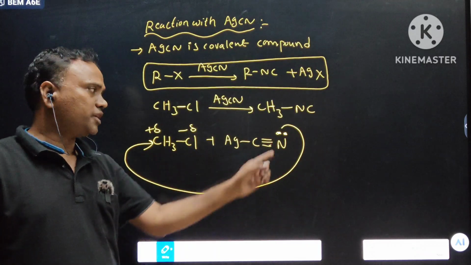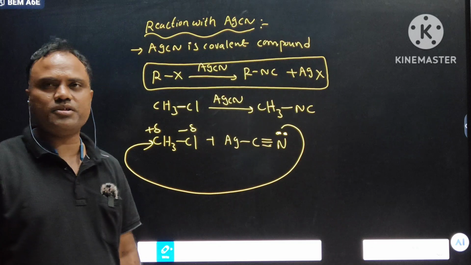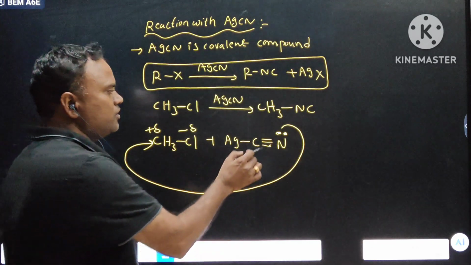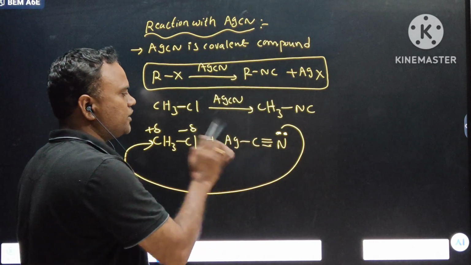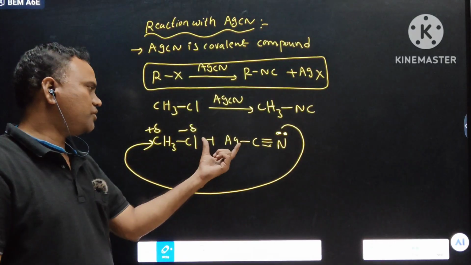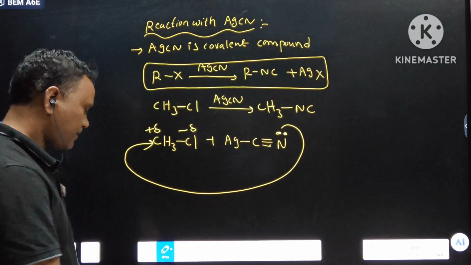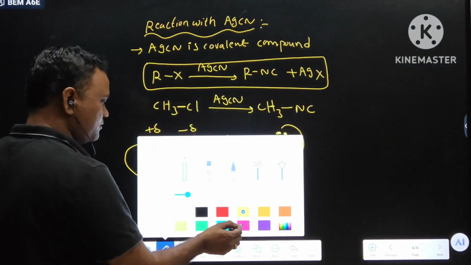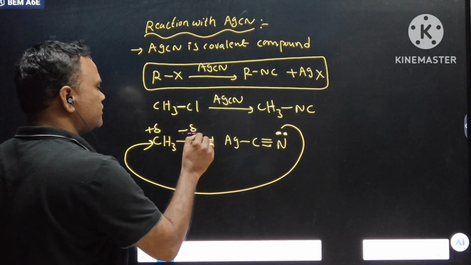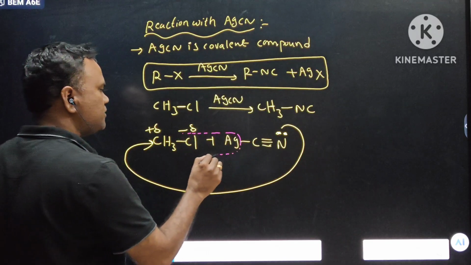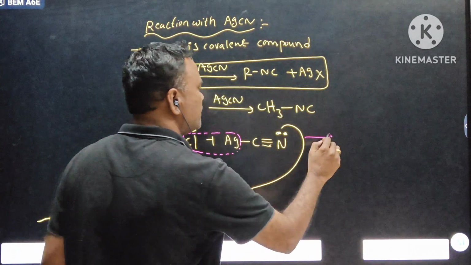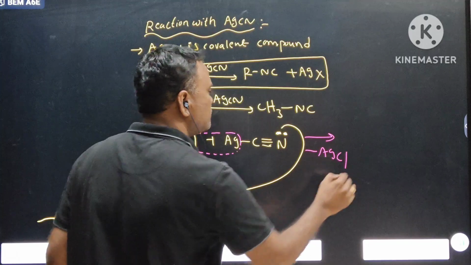Around nitrogen, 4 bonds are present. That is unstable, so this bond will shift to this side. At that time, silver will leave, and that silver attacks this Cl. Or you can do it like this: AgCl will be eliminated, minus AgCl, and C.